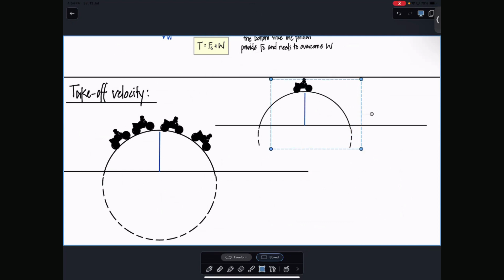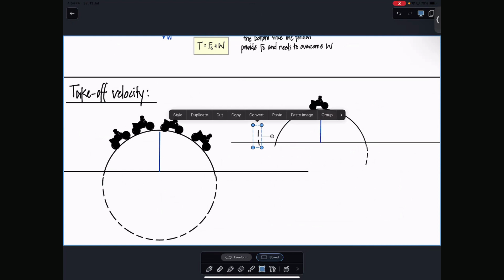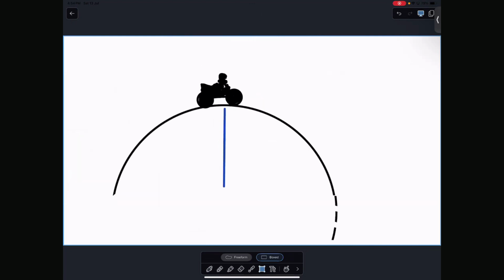Let me show this diagram one more time. Ajay, if you look at the top here, there are two forces. One is the force acting downwards, which is what? Weight. And what is the other force acting upwards? Contact force, normal reaction force, R. Do you agree? I've not gone into the complexities of circular motion yet. I'm just saying there's a bike on a road. What are the two forces acting on it vertically?